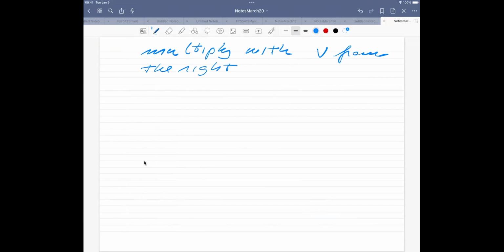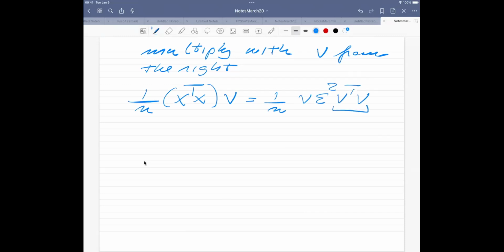Let me just bring it up here. So I have 1 over n, and then I have X transpose times X multiplied with V is equal to 1 over n, and then I have V times Sigma squared times V transpose times V. And that is the same as an identity matrix of dimension p times p.